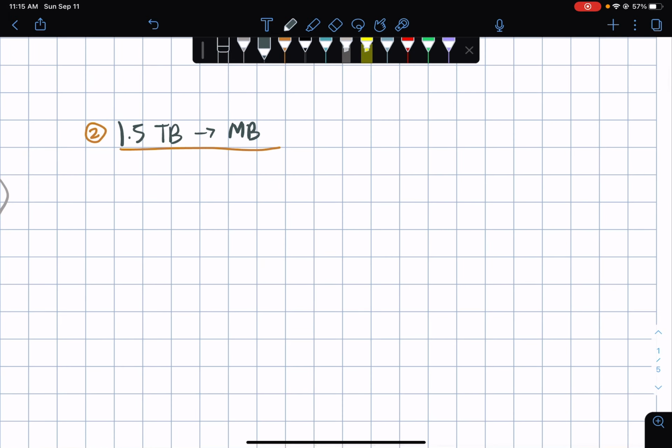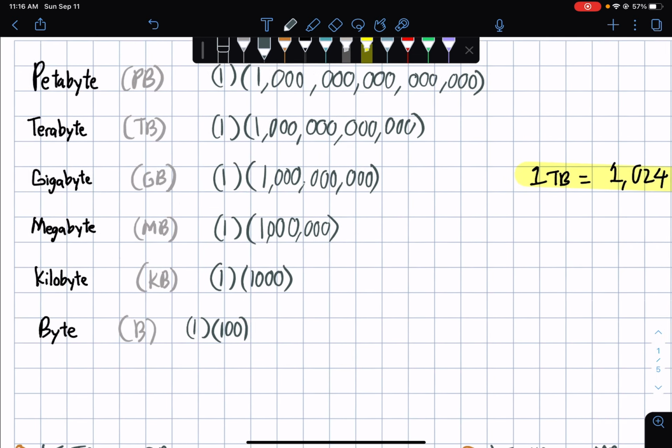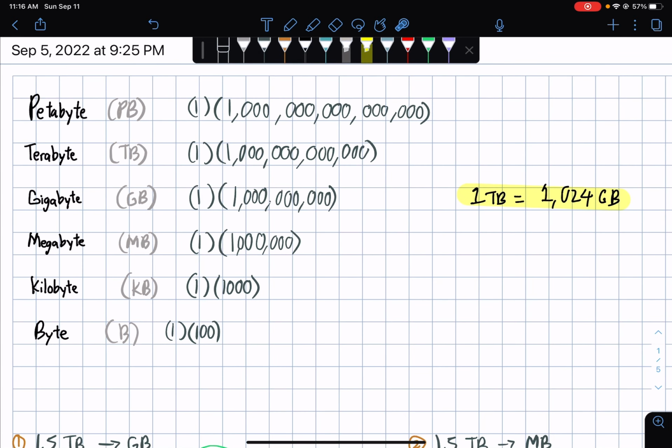Okay, for number 2, do acknowledge that 1 terabyte is equal to 1024 times 1024 MB or megabytes. So as you can see earlier, from terabyte to gigabyte, they're just one step from each other.